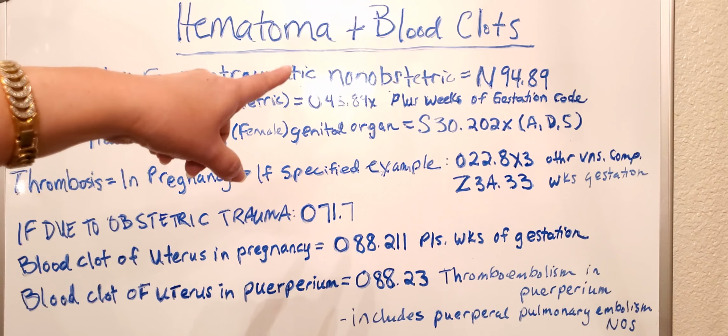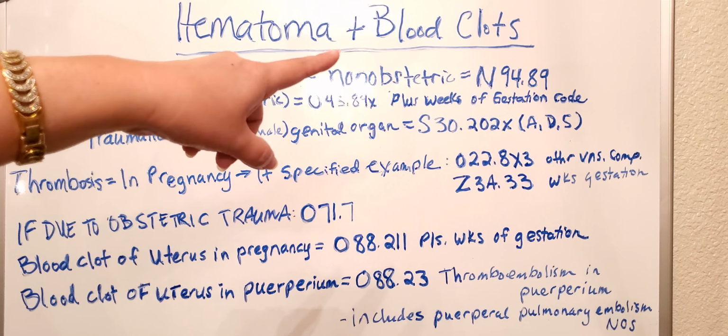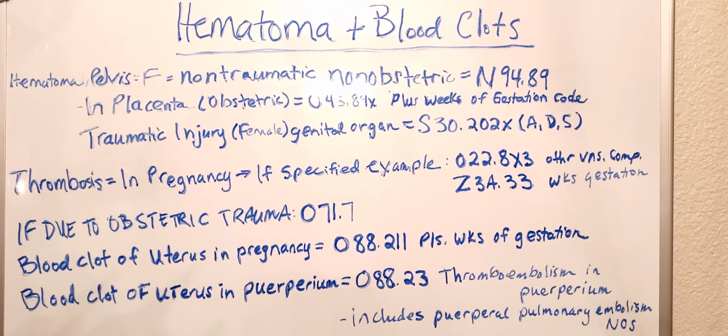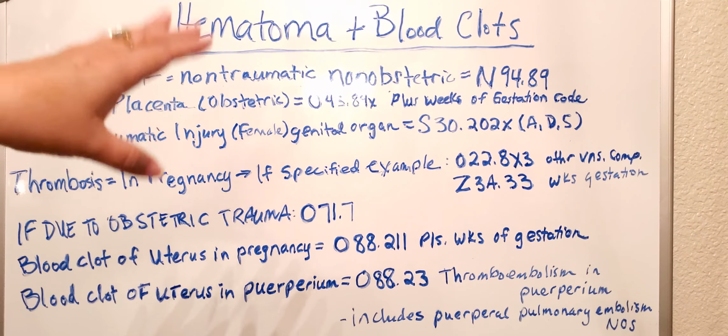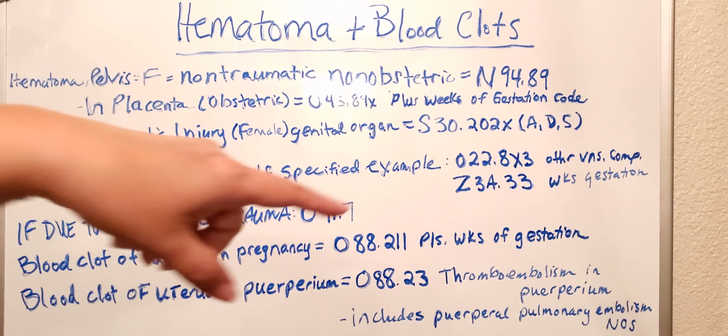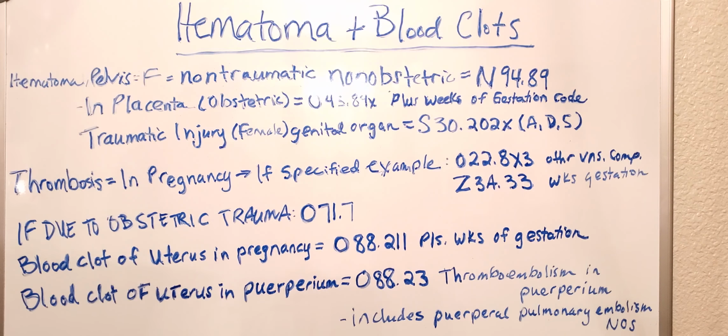Then you have that S30.202X, and I put A, D, or S, so the initial, subsequent, or sequela. Now, on my notes I have on that one, this is for an external genital organ on a female, okay?